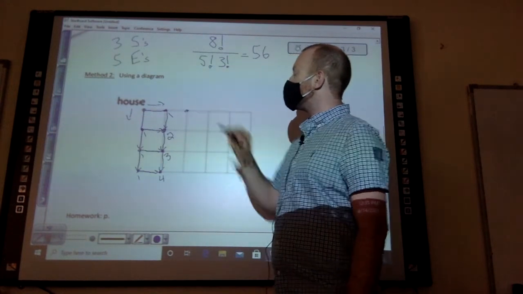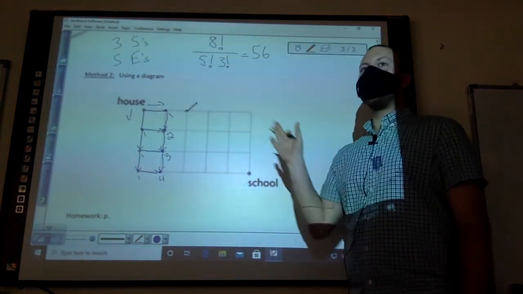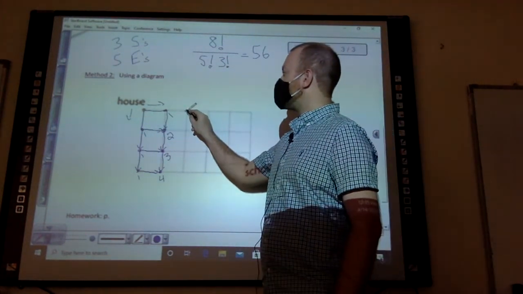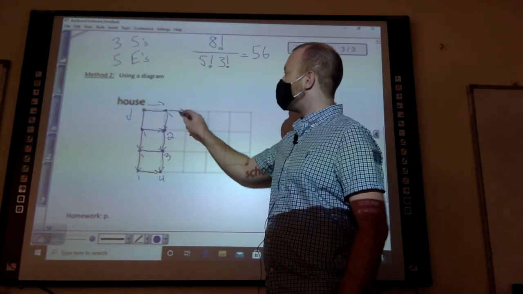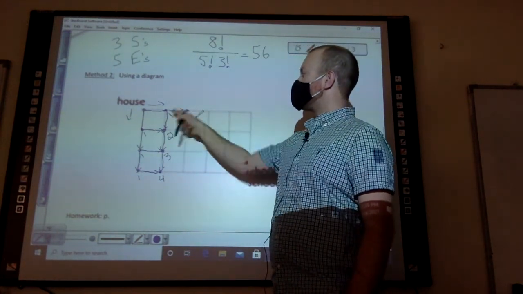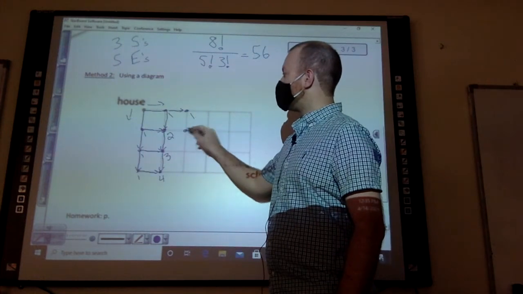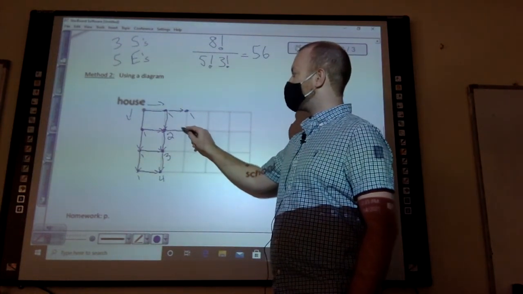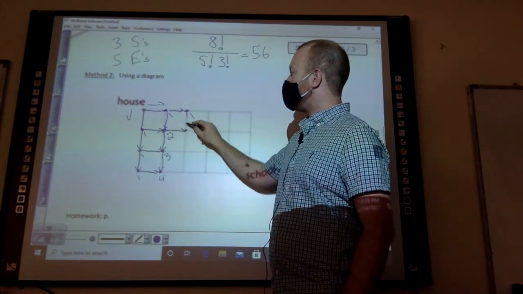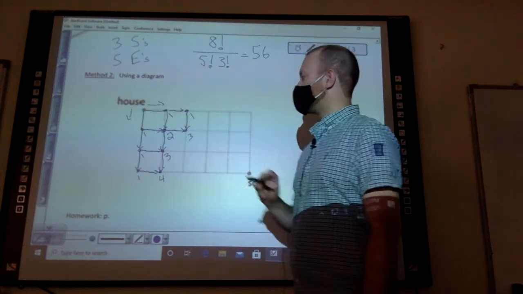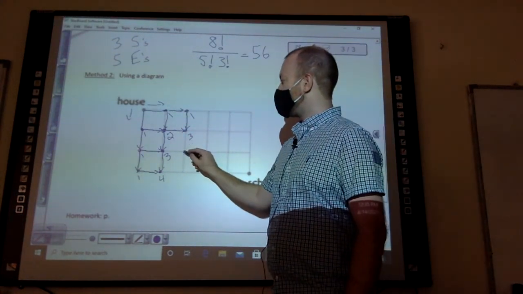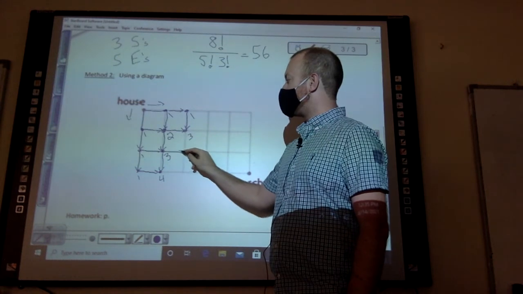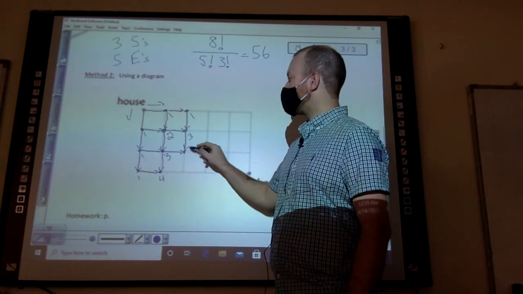So all you're going to do is you're going to go dot by dot and figure out how many ways can you get there. So to get to this dot, there's only 1 path because there's 1 here. If you want to do this one, 2 coming from this way, 1 coming from this way. That's a 3. To get to this dot, 3 from this direction plus 3 from this direction.